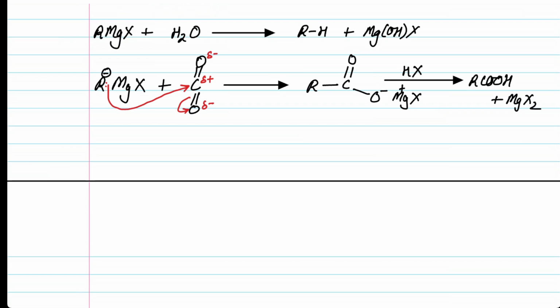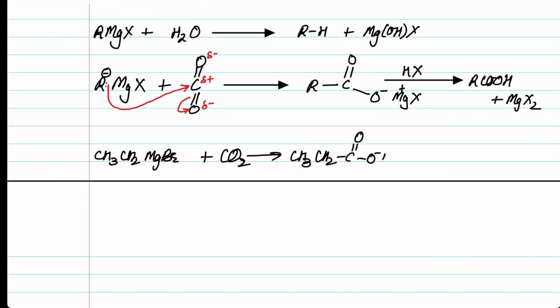For example, if we have a Grignard reagent CH3CH2MgBr, which is produced by reacting ethyl bromide with magnesium in the presence of dry ether, and we react it with carbon dioxide, it is going to give us CH3CH2C double bond O, O minus MgBr plus, which on further reacting with an acid like HBr, we are going to get CH3CH2COOH along with MgBr2.